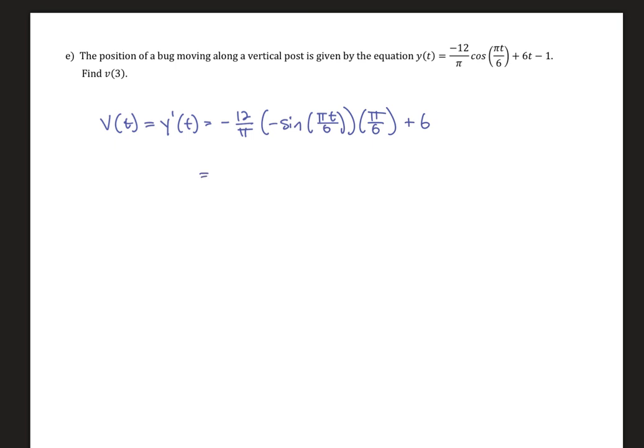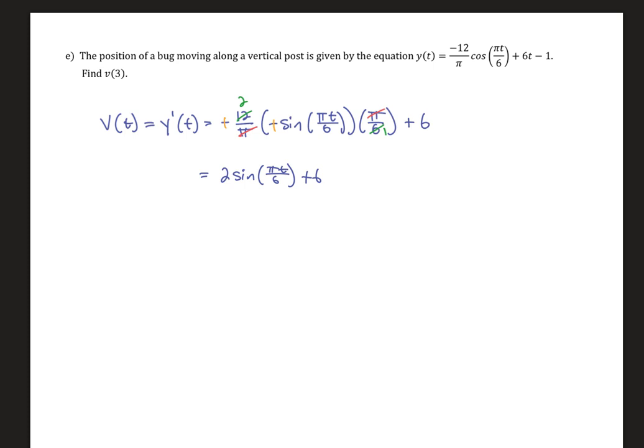I'm just going to clean it up because we have to simplify this to be a number. These pi's will cancel, and the 6 and the 12 will cancel out to be 2 and 1. Those negatives will change to a positive. So this really becomes 2 sine pi t over 6 plus 6.